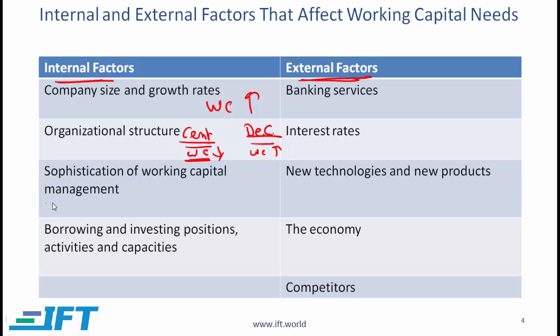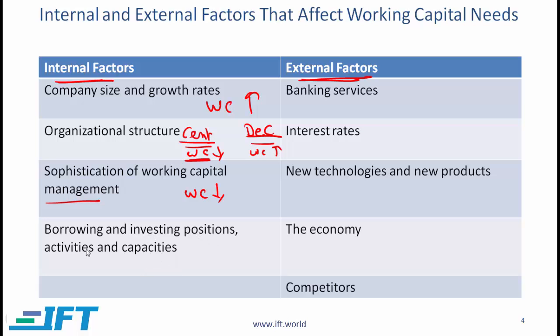Sophistication of working capital management. A company that is using a sophisticated system such as SAP to manage working capital will be able to do a better job of keeping working capital relatively low while still meeting its short-term obligations. Borrowing and investing positions, activities, and capacities.